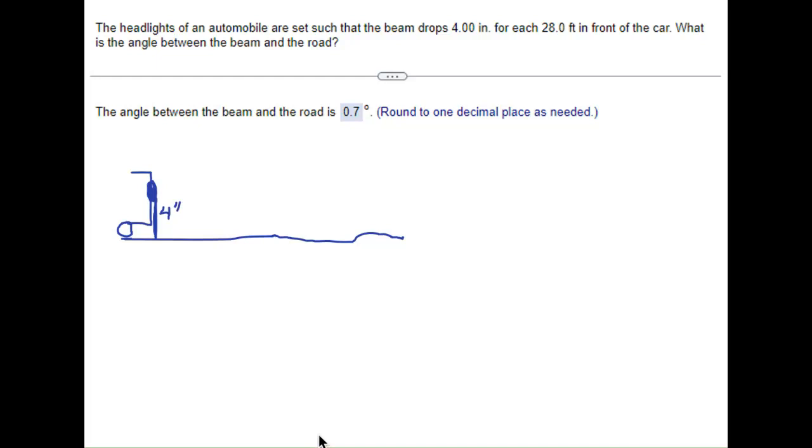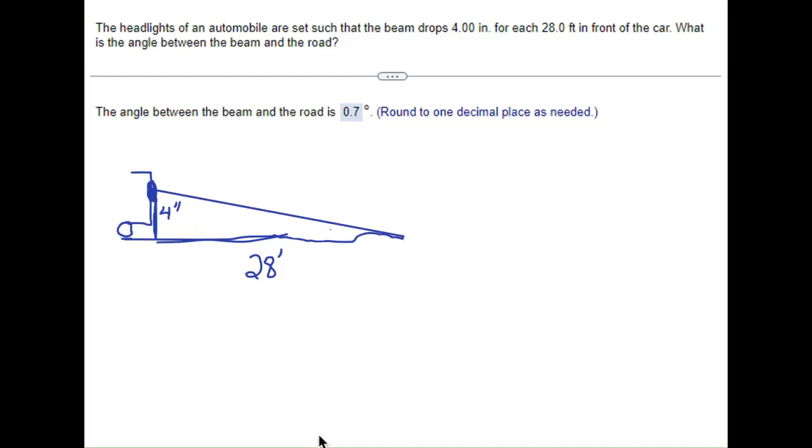Let's do a double mark for that. And the 28 feet, now that's quite a bit of distance out here. So let's label that 28 feet. And then to get our angle, I'm going to draw this, come out here to that 28 feet mark.